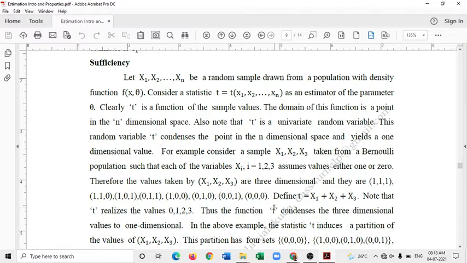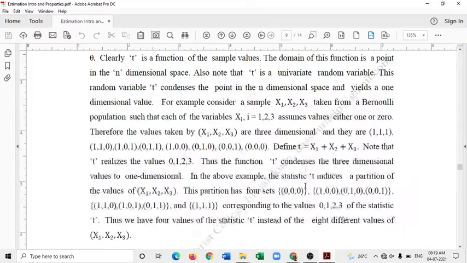So naturally we suspect that the information contained in the triplet x1, x2, x3 has been transformed to the statistic t. Therefore, this sufficiency property deals with the loss of information during this transformation from an n-dimensional random variable to a single valued random variable given by the estimator.